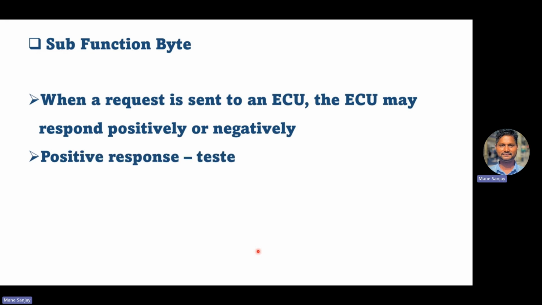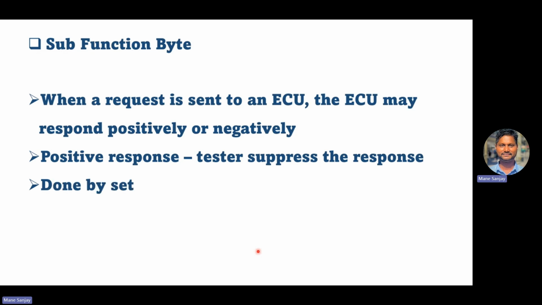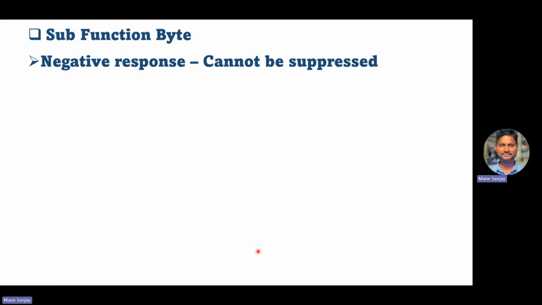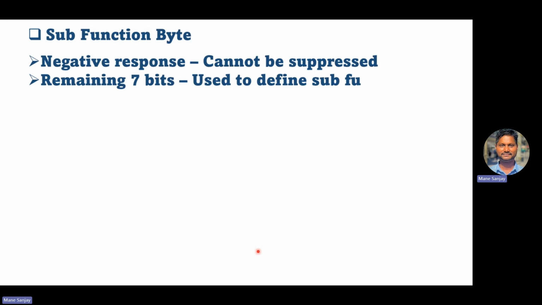For a positive response, the tester suppresses the response by setting the first bit to 1 in the subfunction byte. A negative response cannot be suppressed. The remaining 7 bits can be used to define up to 128 subfunction values.